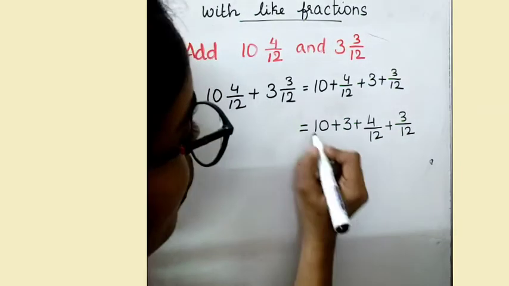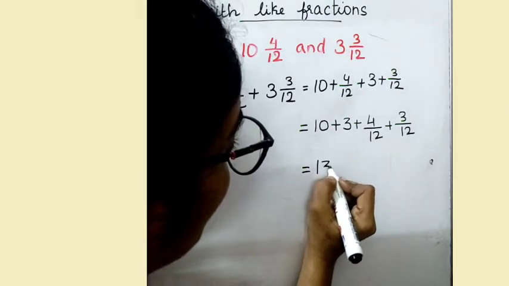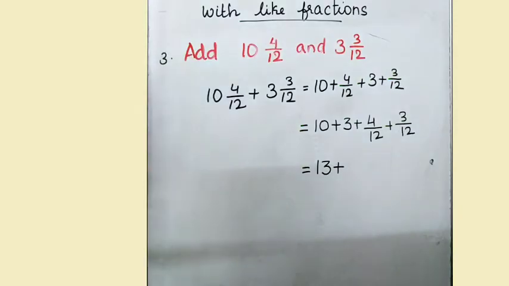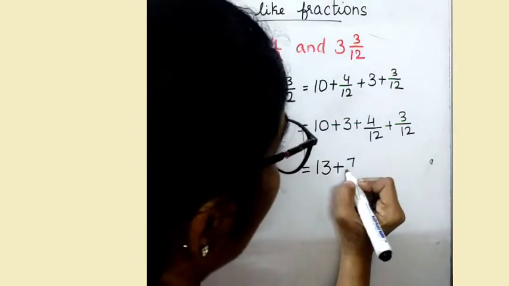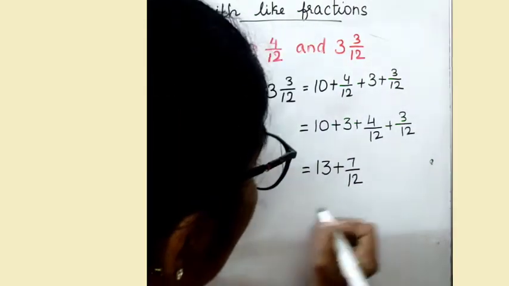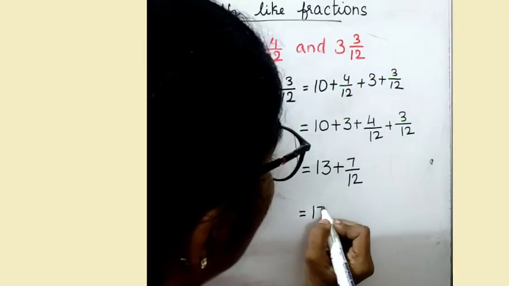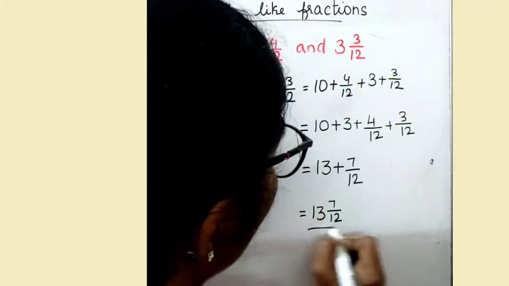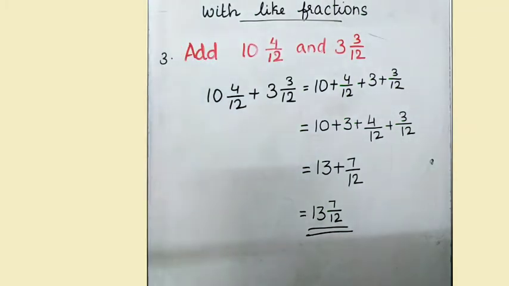That is equal to 10 plus 3. We know that it is 13. Plus 4 plus 3, 7. 7 by 12. That is equal to 13 and 7 by 12. This is the answer. 13 and 7 by 12 is the answer.